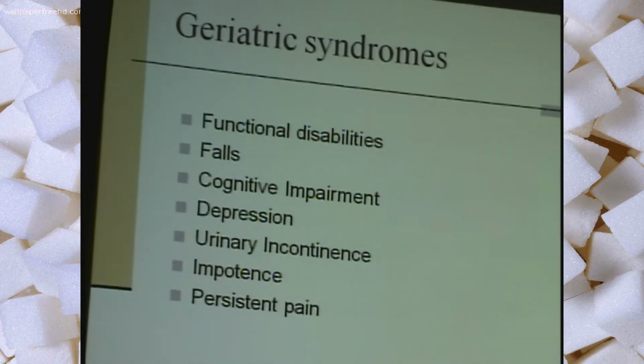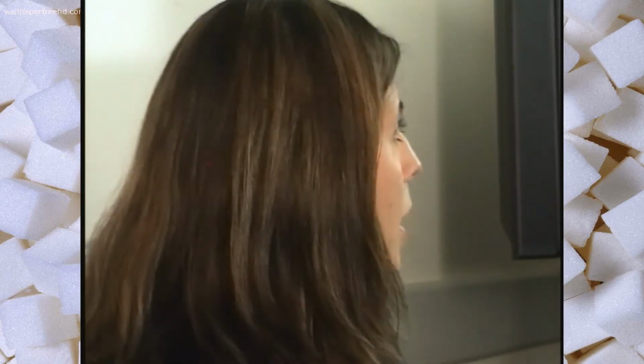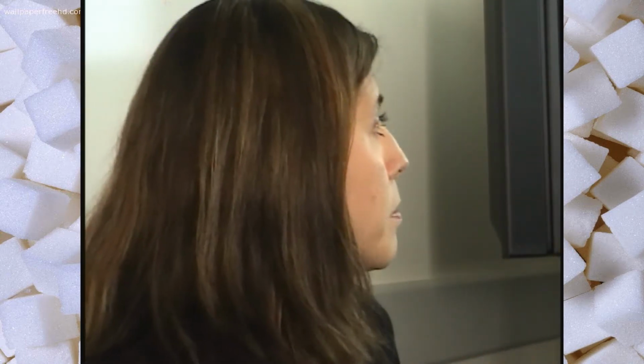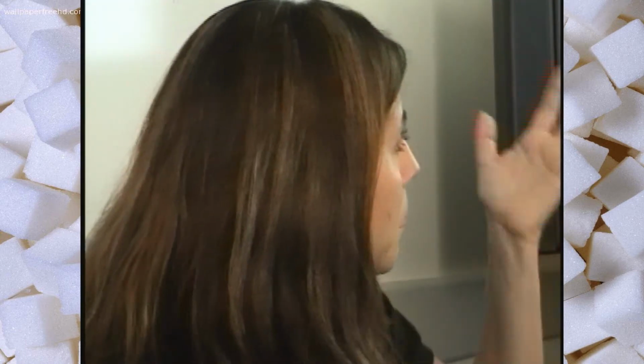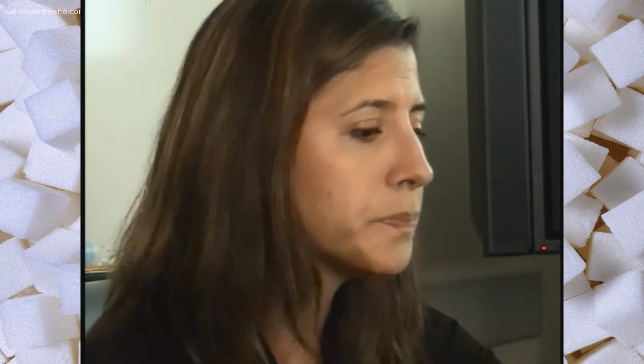Also, atherosclerosis is the pre-stage of microvascular disease, and microvascular disease can lead to cognitive impairment, depression, dementia. Poorly controlled diabetes also leads to nerve damage, and that can lead to urinary incontinence, impotence, and persistent pain. So if you see, most of the problems we have to deal with in our geriatric population have as a common pathway diabetes.